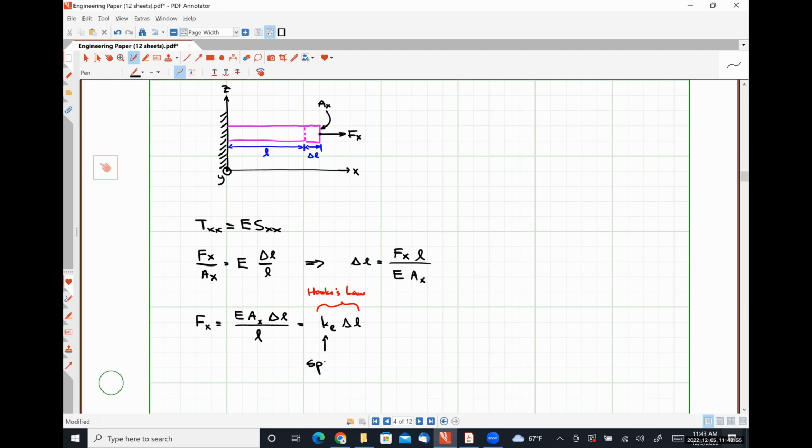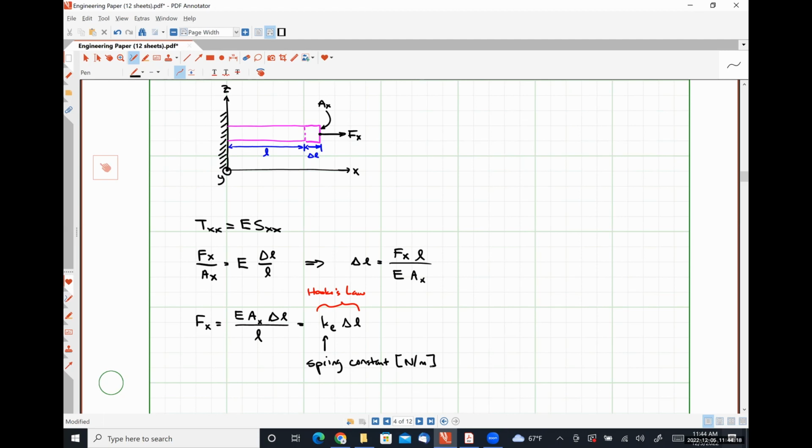Okay, so KE there is the spring constant of the beam measured in newtons per meter. The higher KE is, the more stiff the spring is, and the harder it is to cause it to extend.